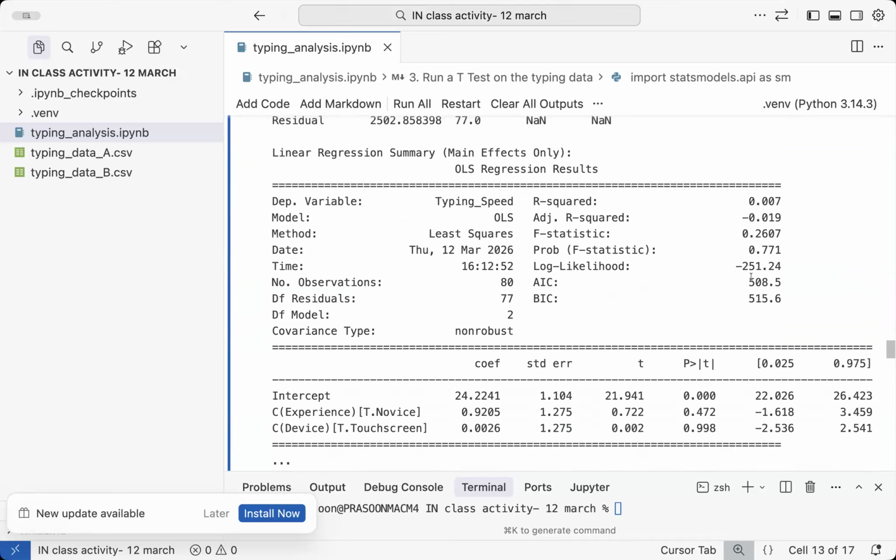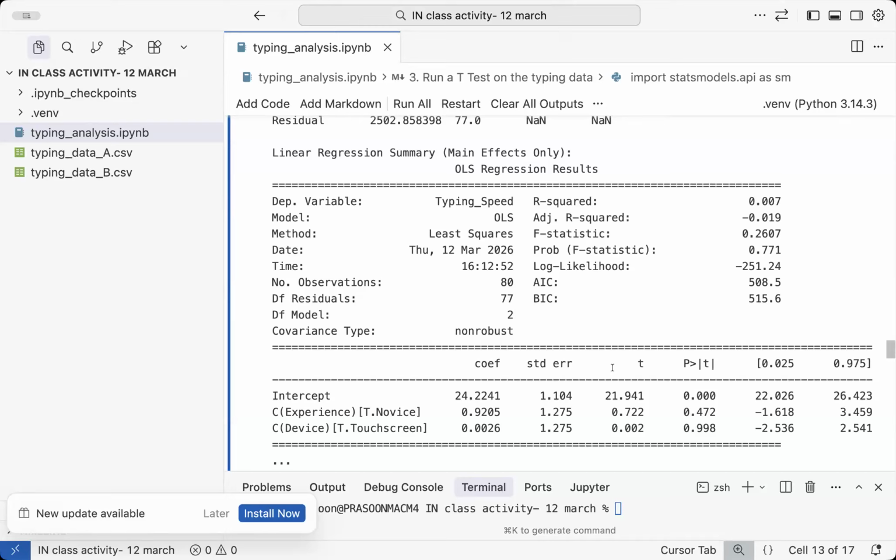Okay. The other thing. These are both categorical variables, right? They have two levels each. Each of these variables can be either novice or experienced in this case, or touch screen versus mouse. When this happens, one of them is necessarily the reference category, the baseline value. Novice equals true here suggests that the baseline value is experienced.